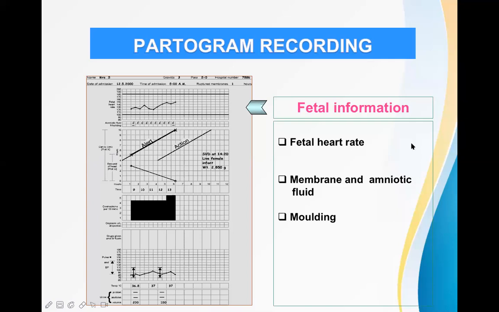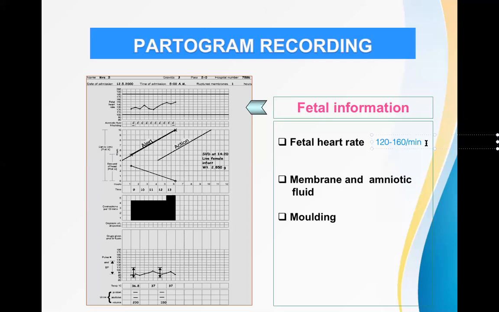Now, what is the range of normal fetal heart rate? Yes, 120 to 160, excellent. Very good. 120 to 160 beats per minute. You need to answer like this: 120 to 160 beats per minute.